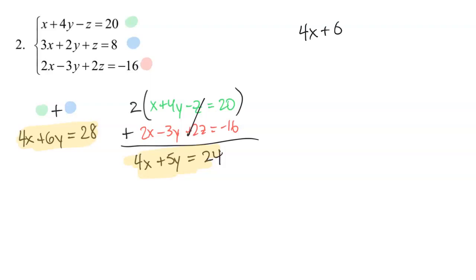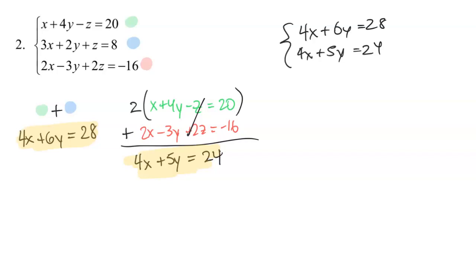Now I'm trying to find another variable with this little tiny system with 2 equations to eliminate. If you take a look, the easiest variable to eliminate here is going to be your x's. All you're going to have to do is multiply one of the equations by a -1, and that will cause the x's to cancel out whenever you combine those equations together.